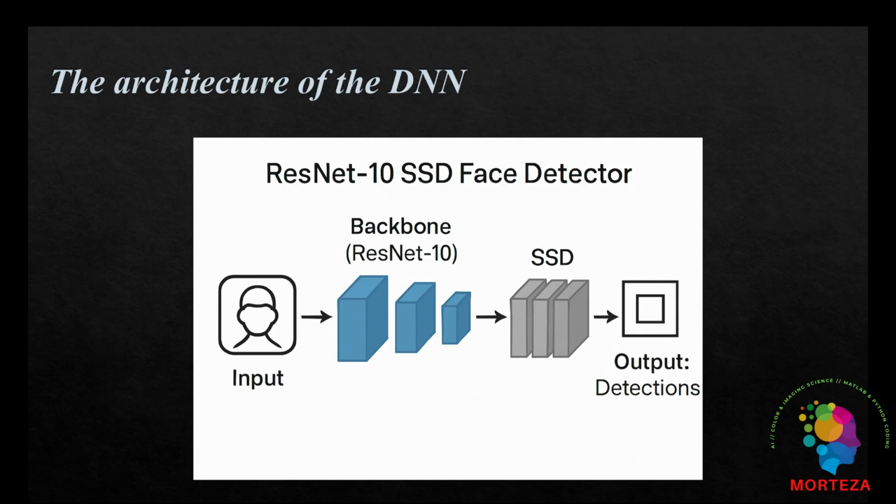It adds convolutional layers on top of the feature maps to predict bounding boxes and also predict class confidence scores, which is in this case just face versus not face. So the input is a 300 by 300 RGB image blob, which is mean subtracted, and output is a detection matrix. Let's go to Python and see how the code works, and I'm going to explain more what's happening there.